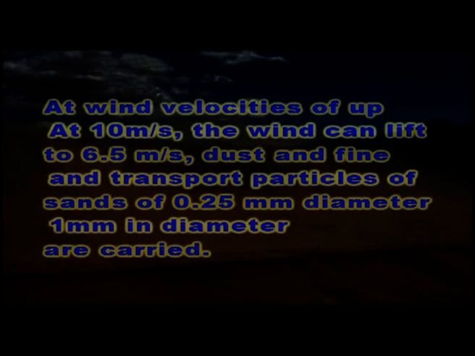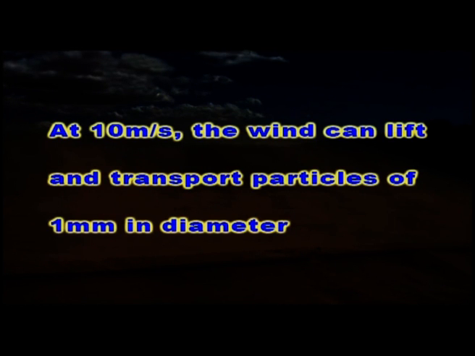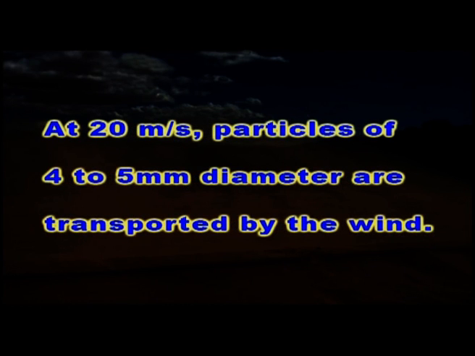At wind velocities of up to 6.5 meters per second, dust and fine sands of 0.25 millimeters diameter are carried away. At 10 meters per second, the wind can lift and transport particles of 1 millimeter in diameter. At 20 meters per second, particles of 4 to 5 millimeters diameter are transported by the wind. Hurricanes can carry even small stones from one place to another and hit houses, buildings and other structures very effectively.